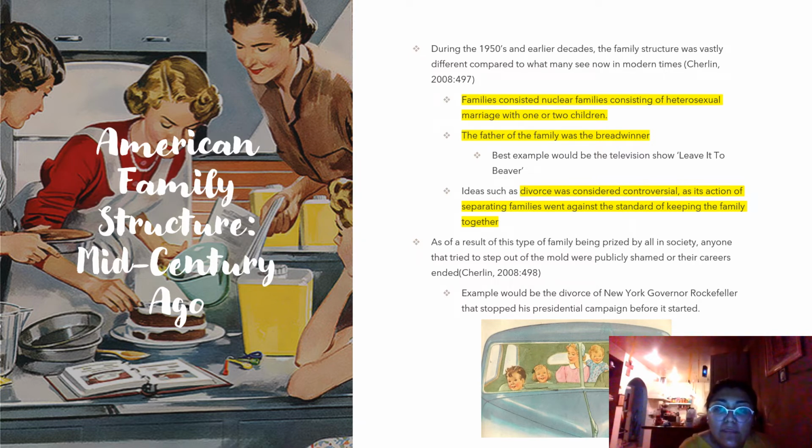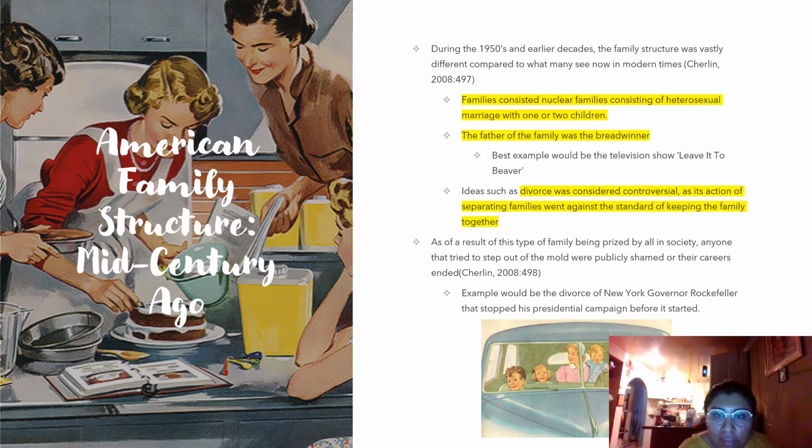According to the reading, during the 1950s, and you can even argue earlier decades, the family structure was vastly different compared to what we see in modern times. Again, this sets up that juxtaposition of what was considered the ideal American family versus what is considered now, and the answer is there is no single definition of the ideal American family.